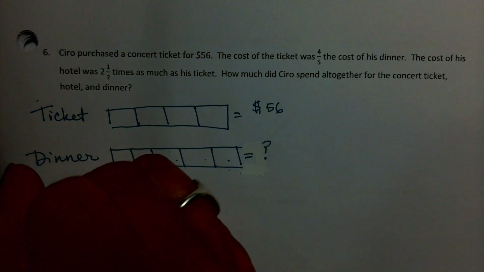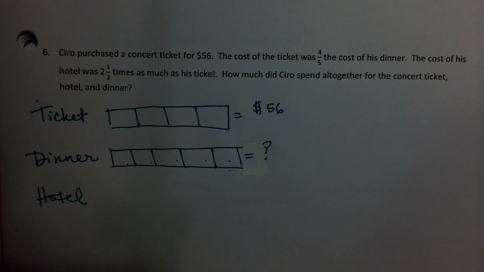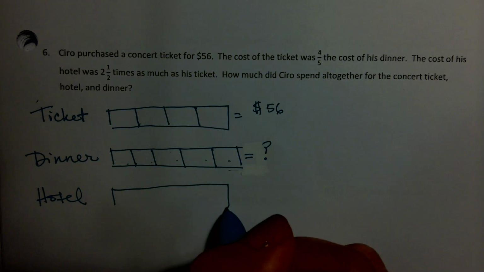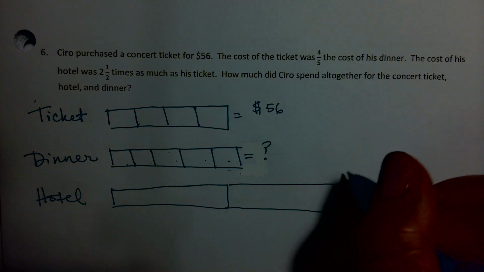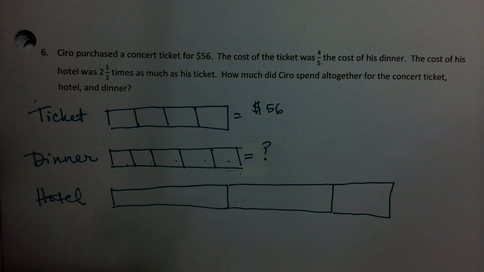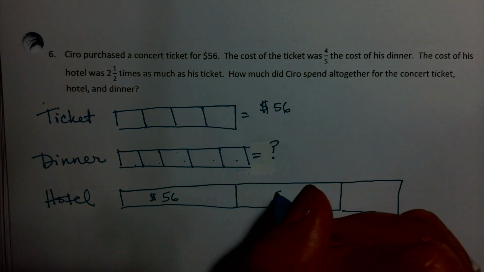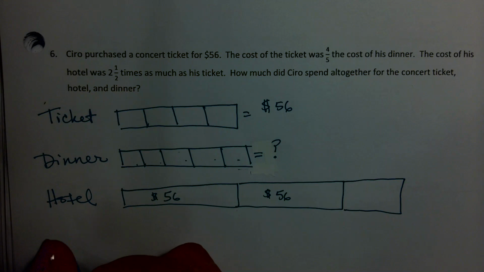Now, the hotel is 2.5 times the cost of the ticket. So here's the cost of the ticket, 1, 2, and a half. So if the ticket costs $56 and a half, what is half of 56?